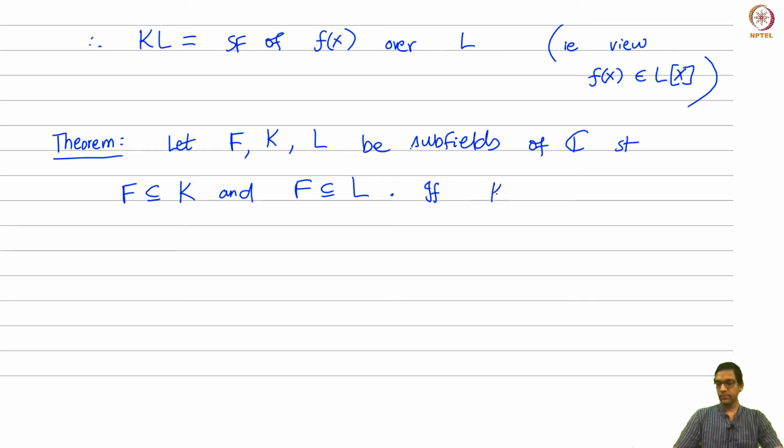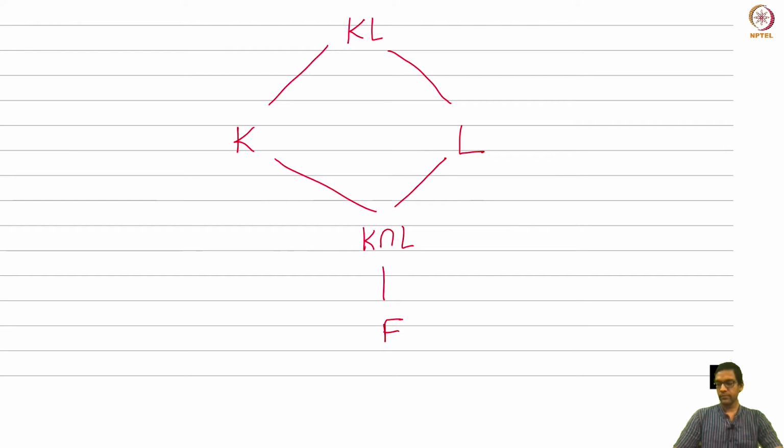If K over F is a finite Galois extension, then so is KL over L. So this is the first part of the theorem. It says suppose K over F is a finite Galois extension, so K thought of as an extension of F is Galois, then KL over L is also Galois.